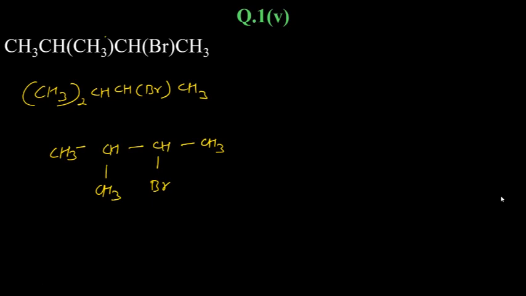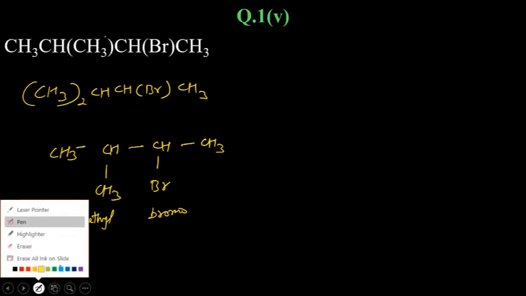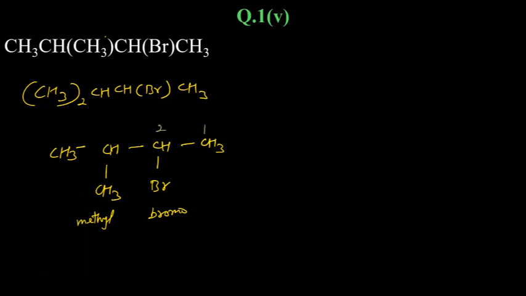Now let me see who has given me correct answers. Yes, Shashwat correct, Ashi correct, Mehak correct, Vanna correct, Preeta correct, Divya correct, Arohi correct. Good. All correct answers. Because bromo comes before methyl, you will start numbering from the right hand side. 1, 2, 3, 4. Otherwise, branching is at 2 from both the sides.